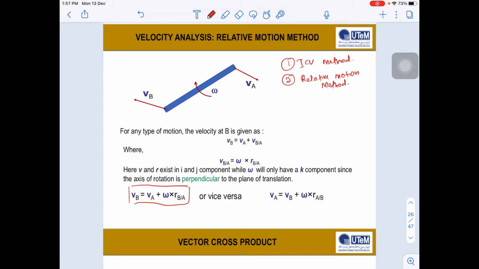VB and VA can exist in I and J components. Let's say this is your problem. So you have VB in that way, so you should have VBI and VBJ, with I in the X direction and J in the Y direction.